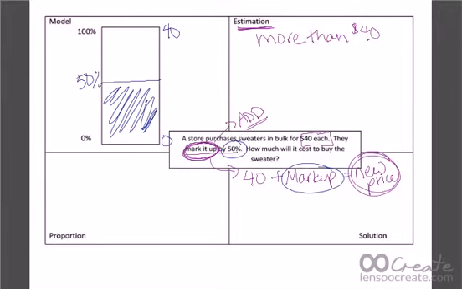That's 50%. And half of 40 is 20. All right. So they're going to mark it up by $20. So 40 plus the $20 markup, the new price is $60.